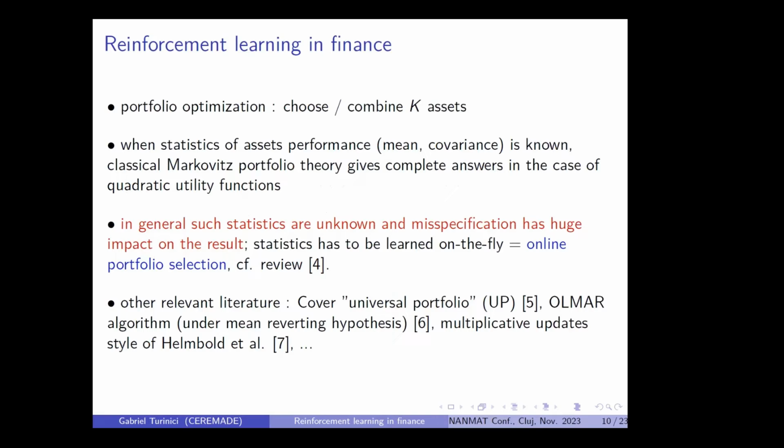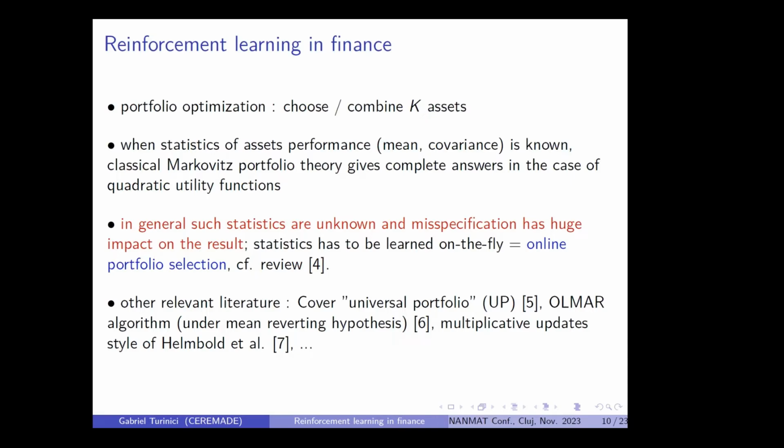What is important is that if you know in advance, for the year to come, for instance, the statistics of the rewards, which will be the return for each asset, and their correlation, so the covariance matrix, there is the classical Markowitz portfolio theory that tells you which portfolio allocation to choose, depending on your risk propensity.